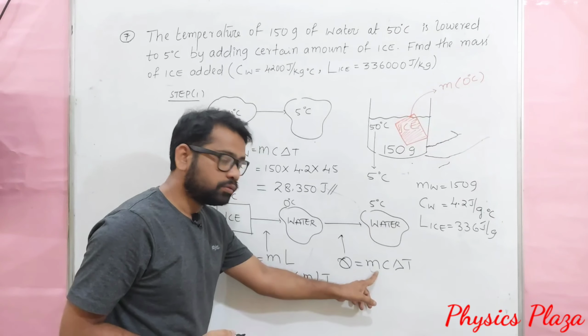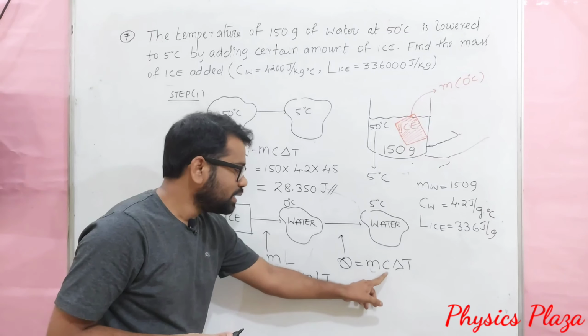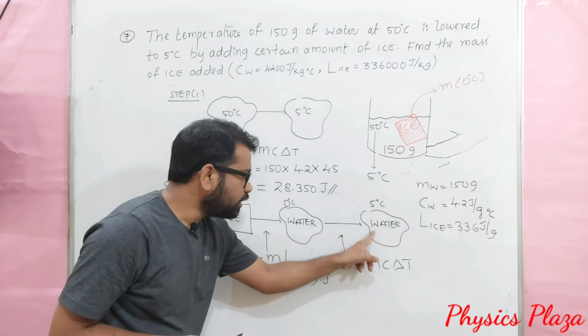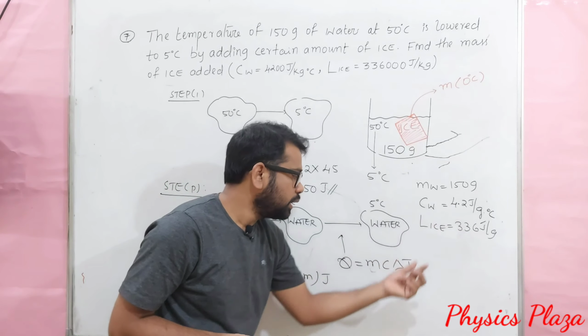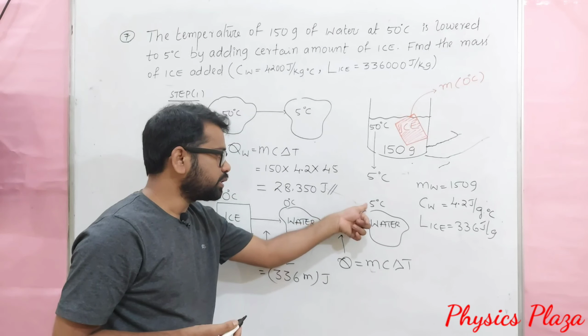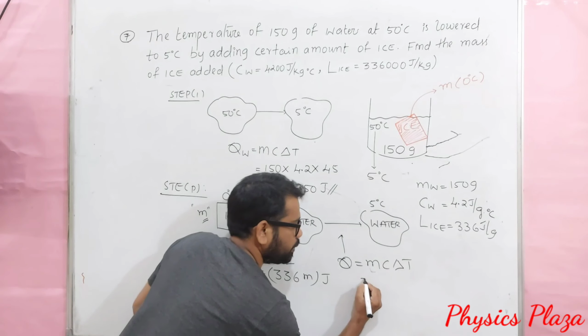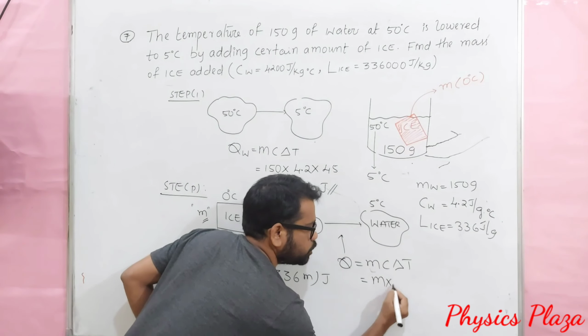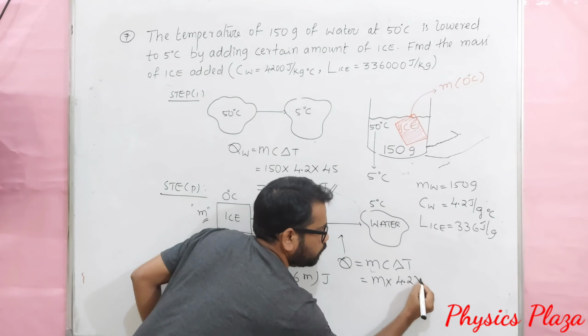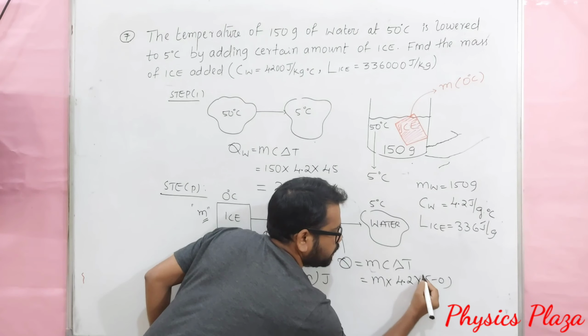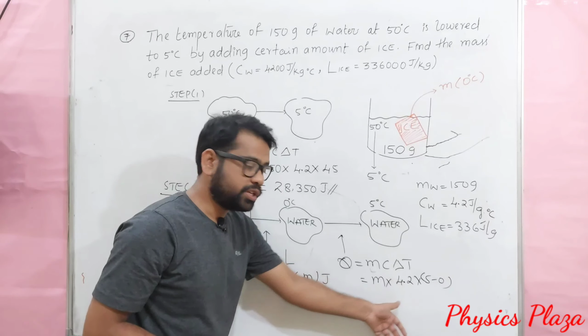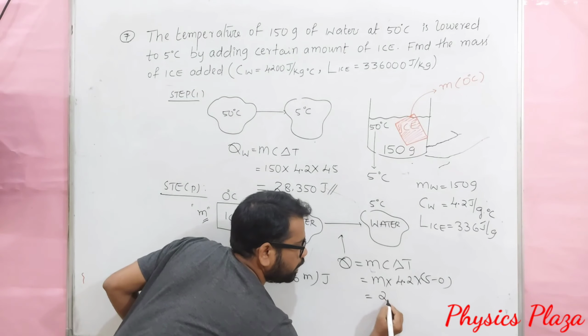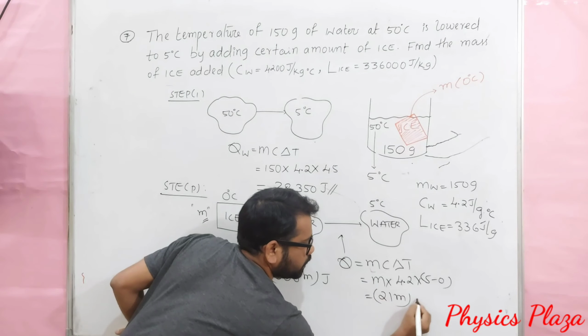Here m is not given, that is to be calculated. c is what? Specific heat of water, that is 4.2. And here delta T is what? Change in temperature, 5 minus 0. So this will be m into 4.2 into 5 minus 0. So this will be how much, dear children? This will be 21 m joule.